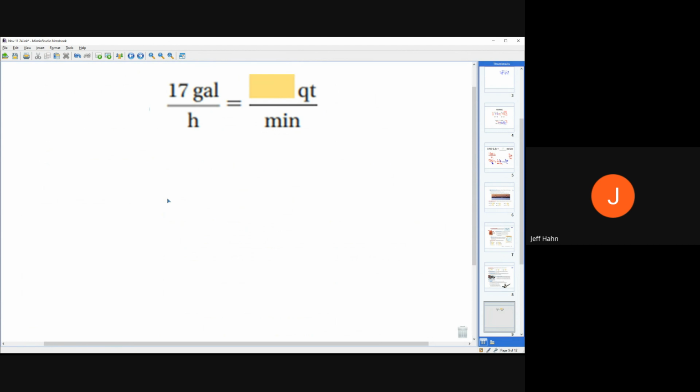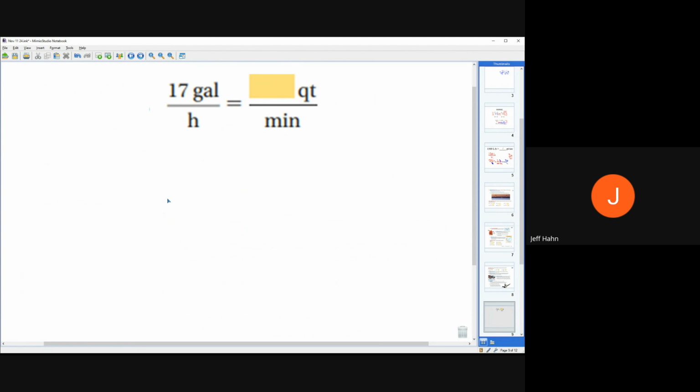I'm just going to look before you go. You show me the labels and the conversion fractions. Write it out nicely, and then all you have to do is cross off labels.